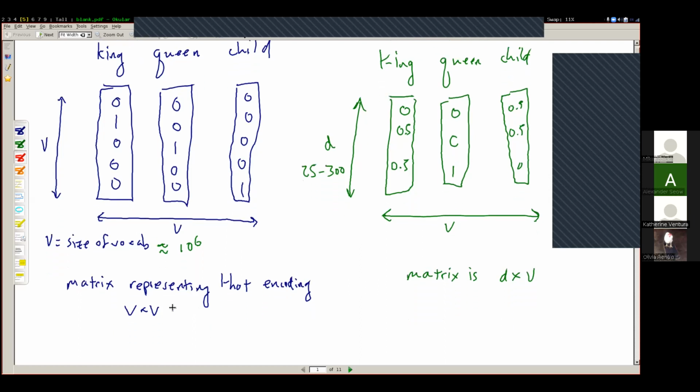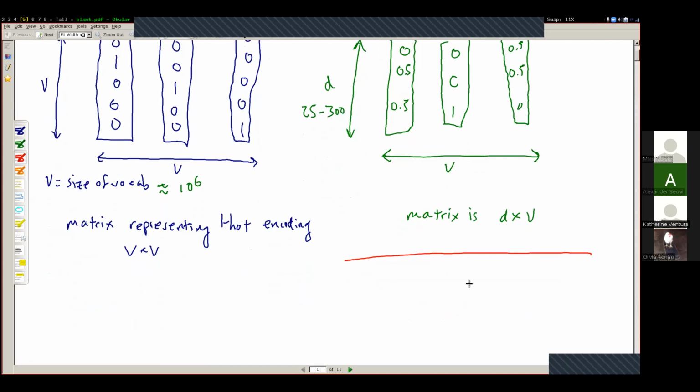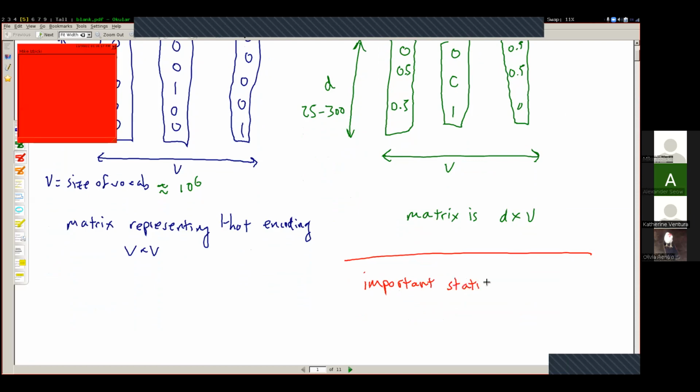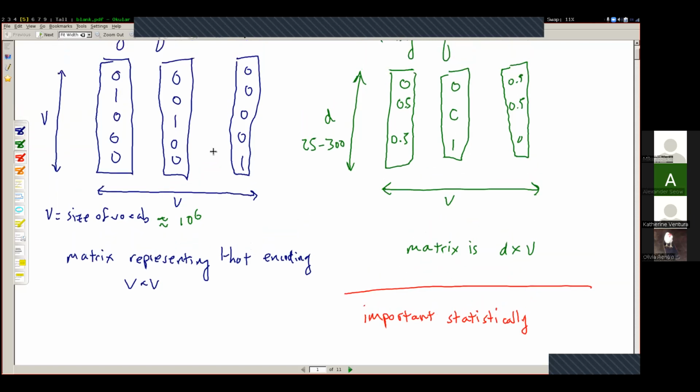Today we're not going to get to the statistical applications of this, just focusing on a little bit more intuition about what's going on. But eventually this will be very important statistically. Good question.